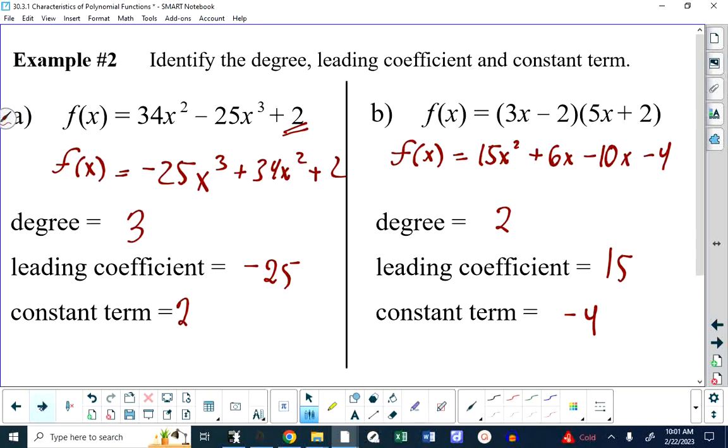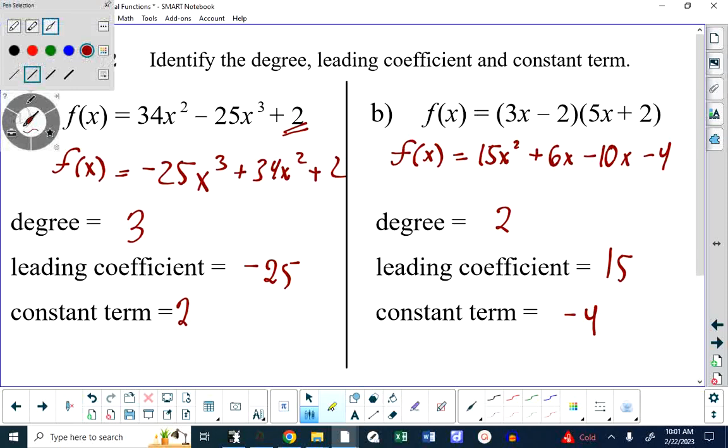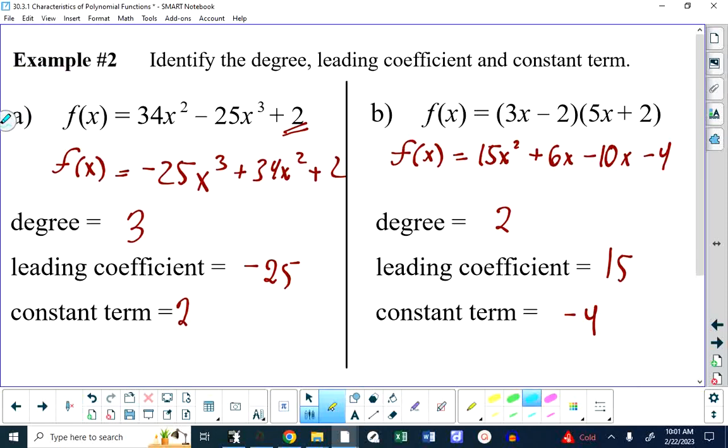And I want to make this as general as I can. I have a more complete example of this that I will show you in a few minutes, but if you want to know the highest degree term, I want to make a point here that this is in factored form, and this is in expanded form.